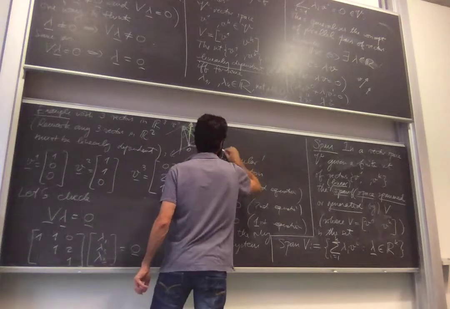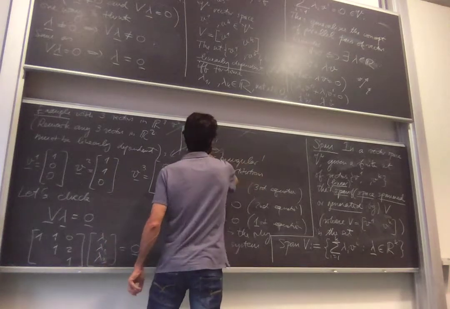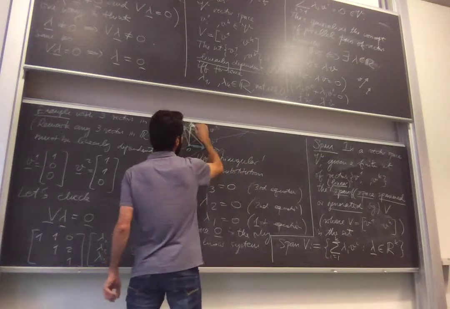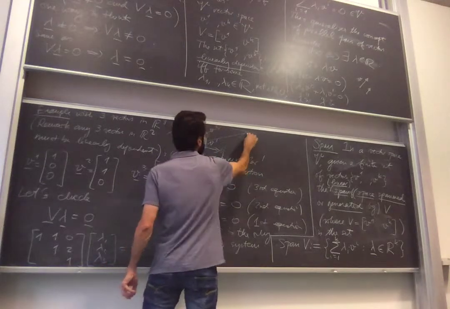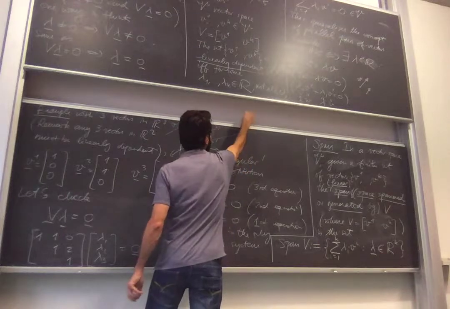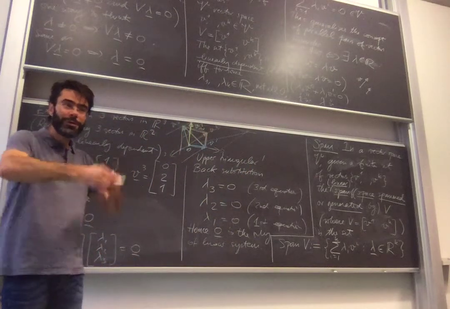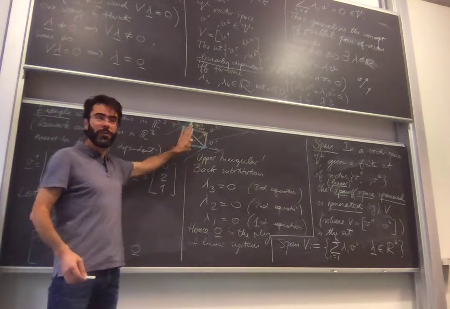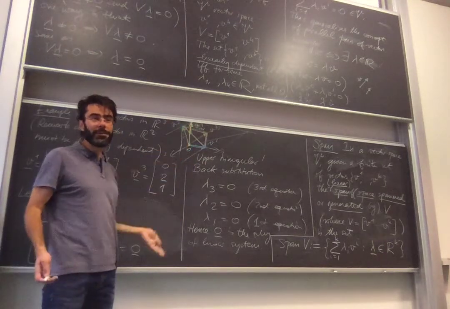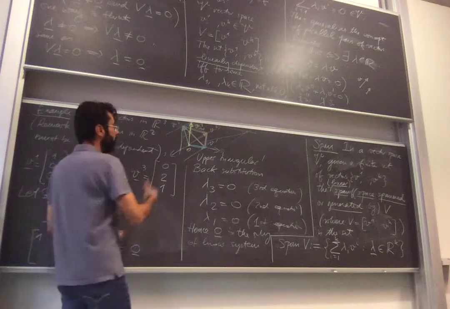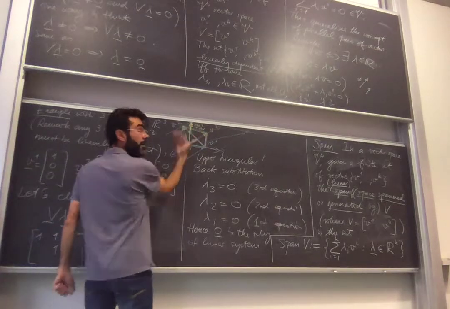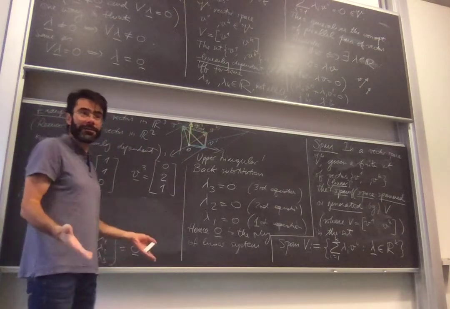Then you do the parallelogram for this one here, you get the result, and then you do the parallelogram for this one here, and you get some result, which is out of plane, something here. And so on and so forth. So what are you going to get? You're going to get the plane. You're never going to be able to get out of that plane if you go into space. So what you get is the plane.